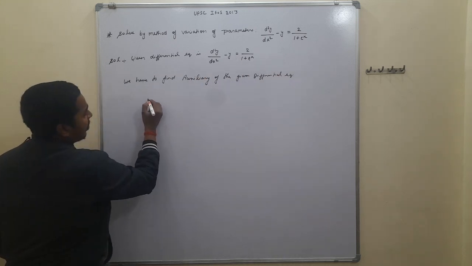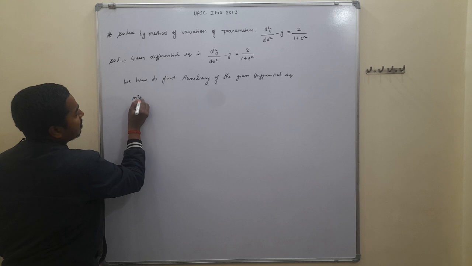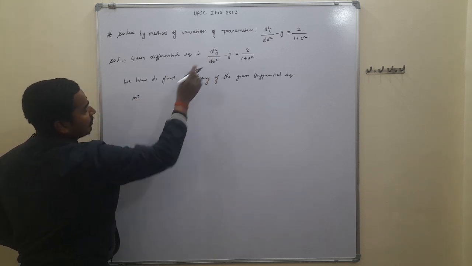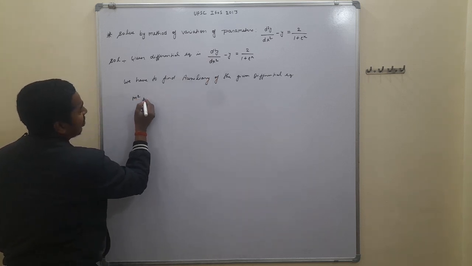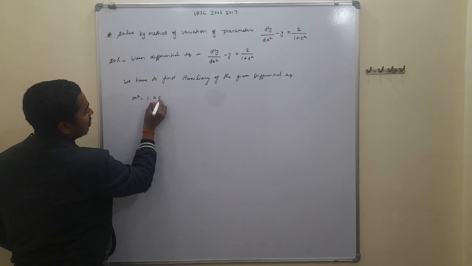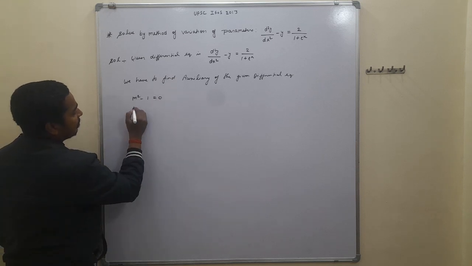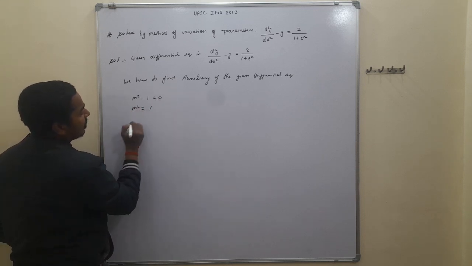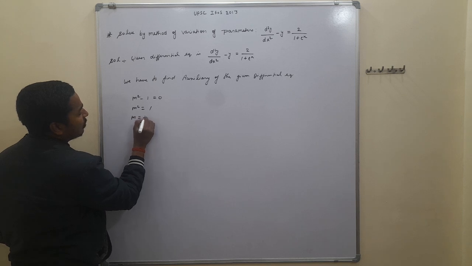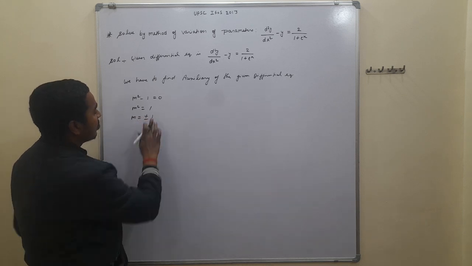This is given by m² (d²y/dx² denotes m²) minus 1 is equal to 0, and from here we get m² is equal to 1 and m is equal to plus minus 1.